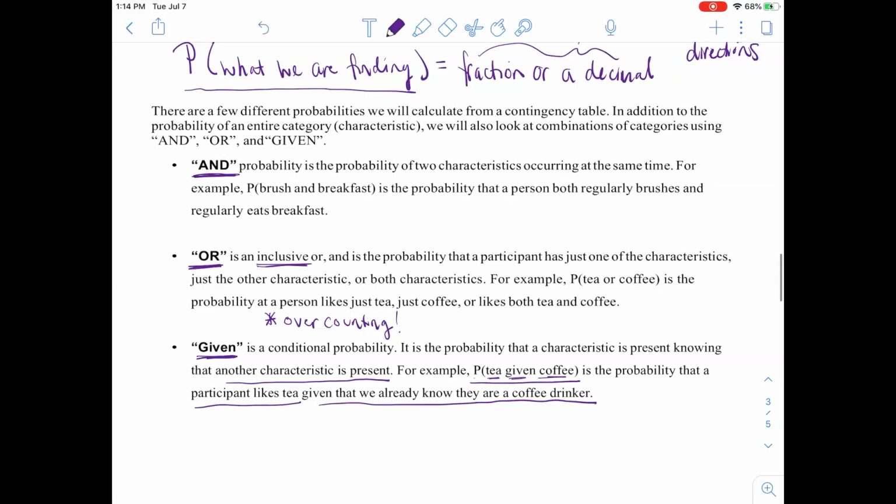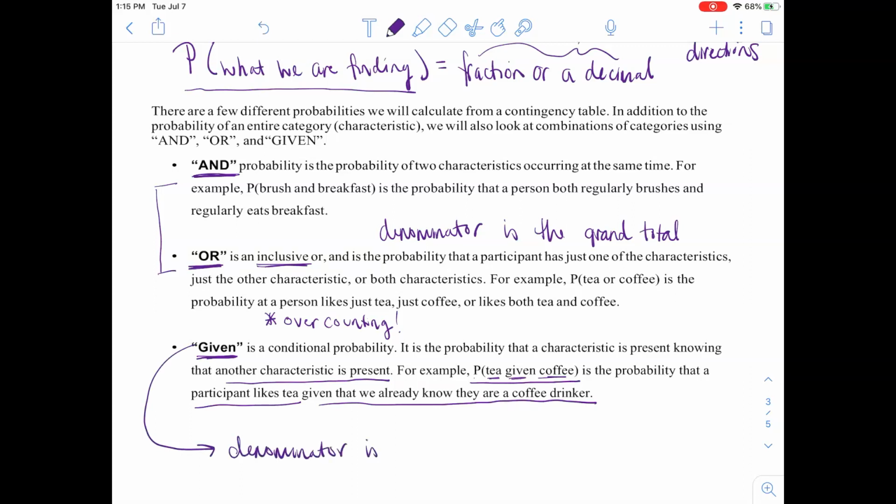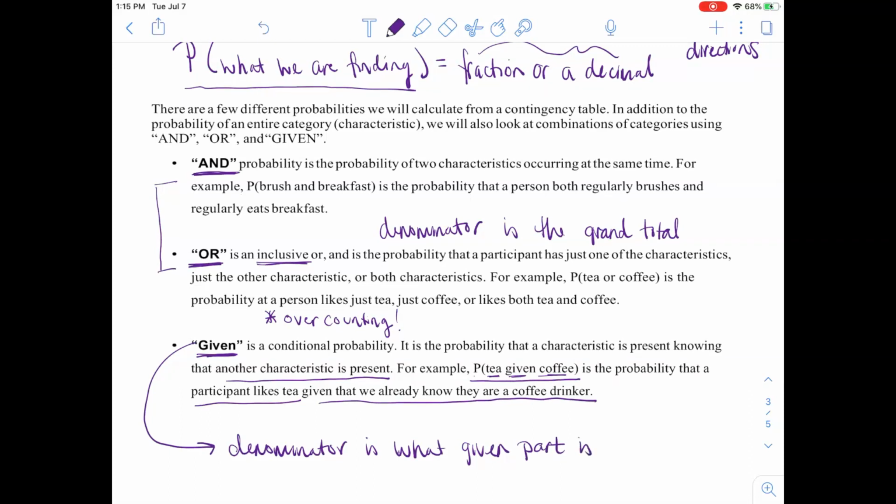What that means is, for the other probabilities the denominator is the grand total, whereas with given, your denominator is what the given part is. This will make more sense once we actually do an example.